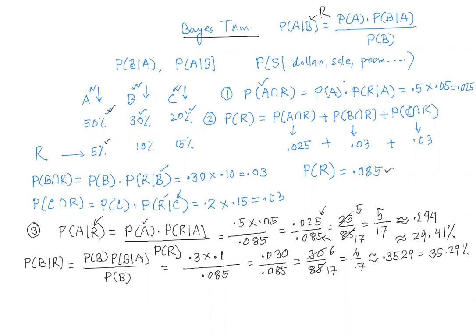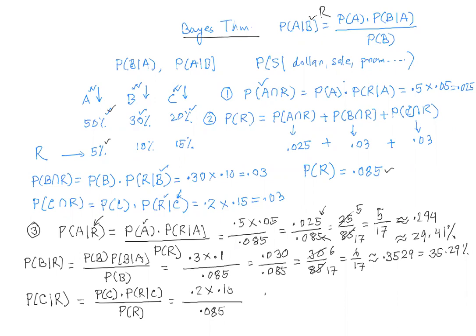Similarly, what is the probability that the person will stay at hotel C, given that there is a reservation problem? It's the same thing. The probability of staying at hotel C times the probability of having a reservation problem, given that the person stays at hotel C, all of it divided by the probability of a reservation issue. The probability of having a reservation issue is 0.085. The probability of staying at hotel C is 0.2 or 20% times the probability of having a problem at hotel C, which is 15% or 0.15.